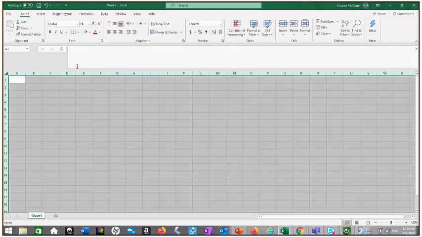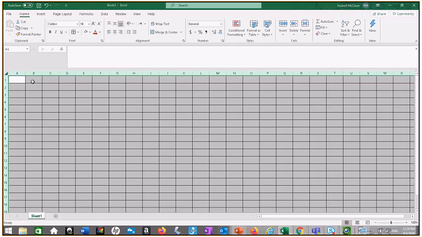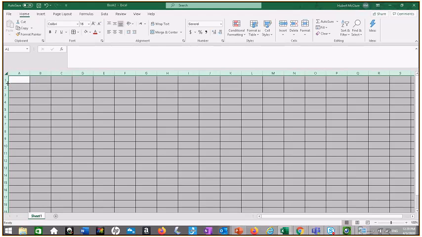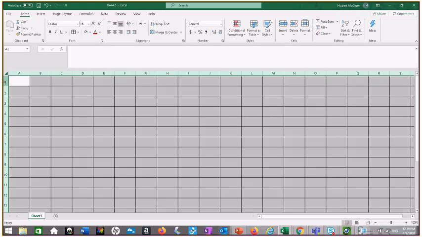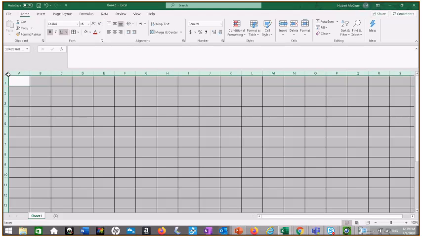And I'm going to make it where you can see it, make them a little bit bigger this way and a little bit bigger this way. Okay, and at first, I'm going to make that bold and underlined, and all of them should be centered.